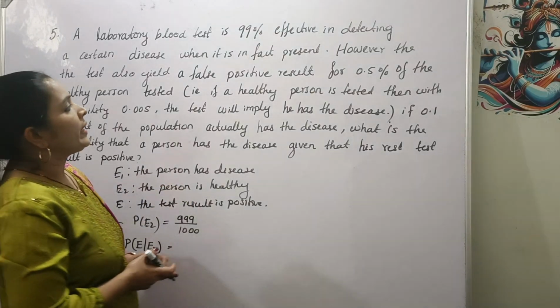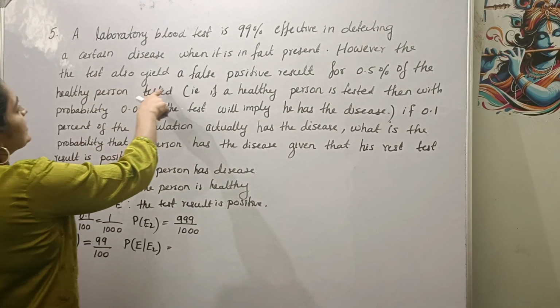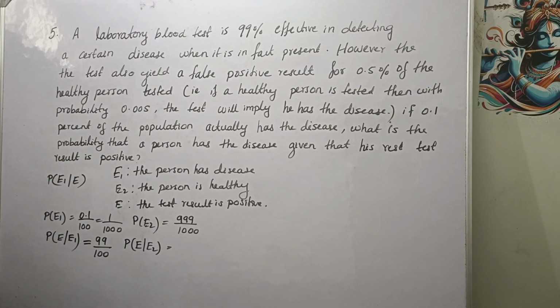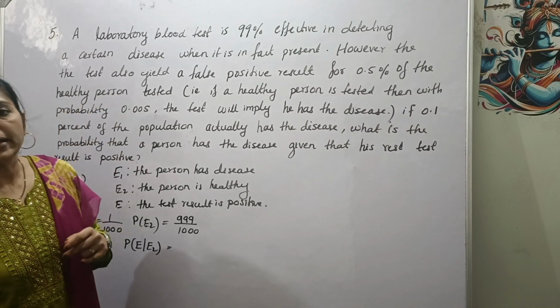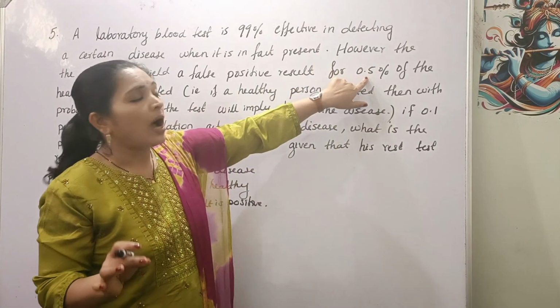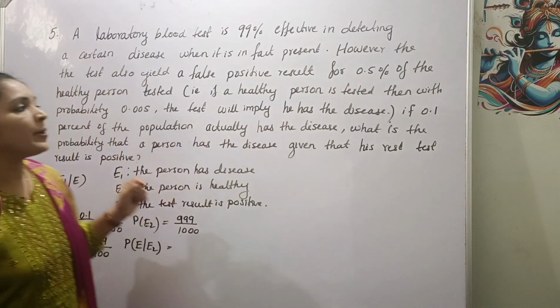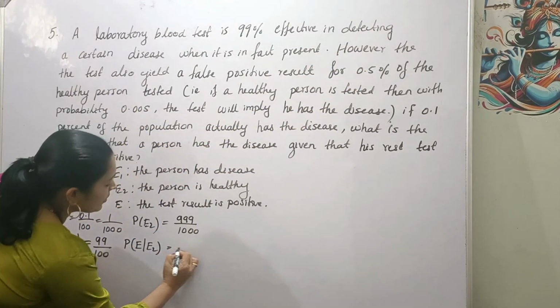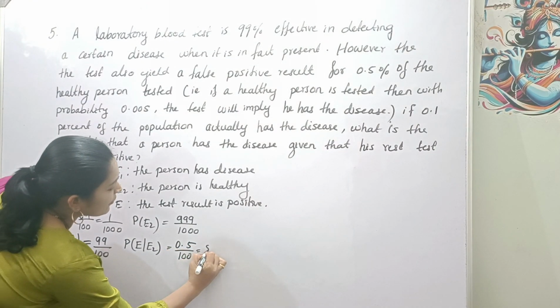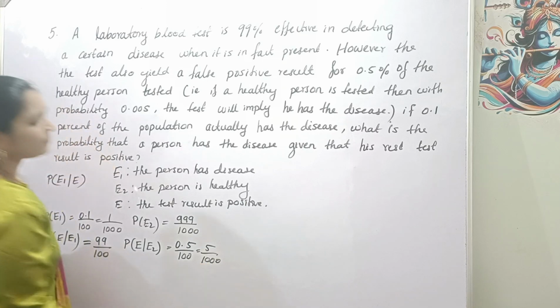The test also yields a false positive result for 0.5% of healthy persons. So when healthy persons are tested, their result shows positive for 0.5% of them. That probability is 0.5 divided by 100, that is 5 by 1000.